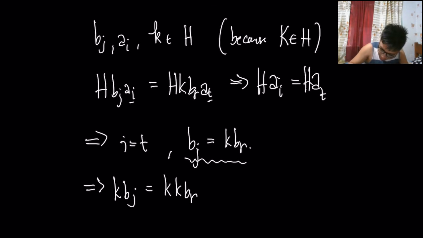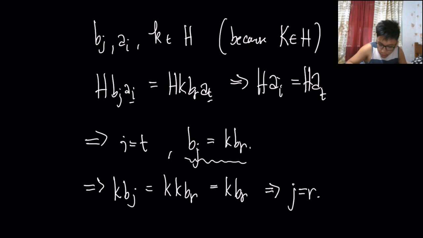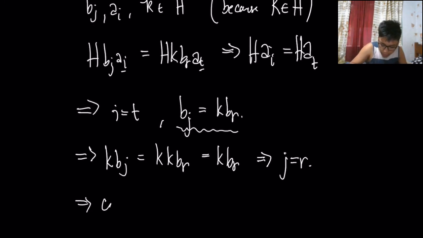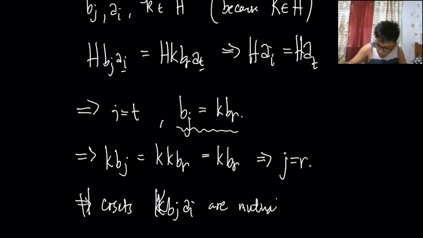I'm just multiplying both sides by K. And K k b_r is just the same as K b_r, because K is closed as a group. So this implies that j equals r. So remember that the cosets K b_j a_i are mutually disjoint.